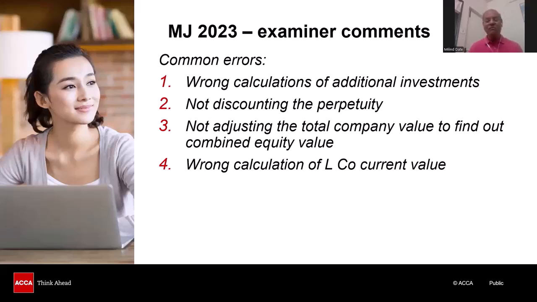Because it was supposed to be done on a PE basis, where the PE of the target company was assumed to be 40% lower than the bidding company. And therefore, you first needed to calculate the PE ratio for the bidding company, less 40%. Therefore, you would get the calculation of L company's PE correctly.